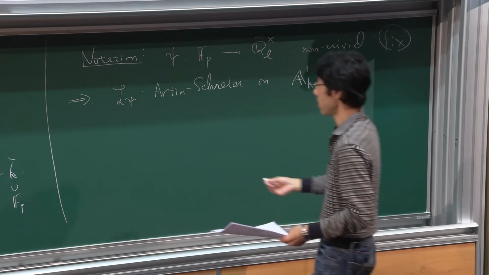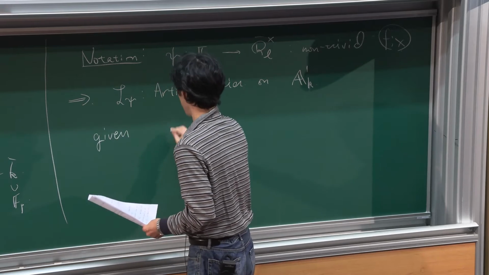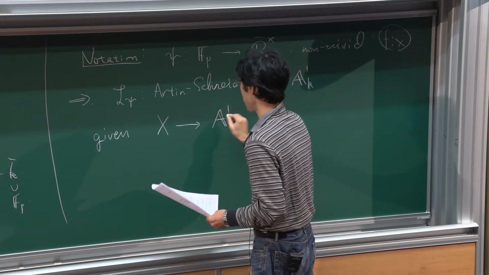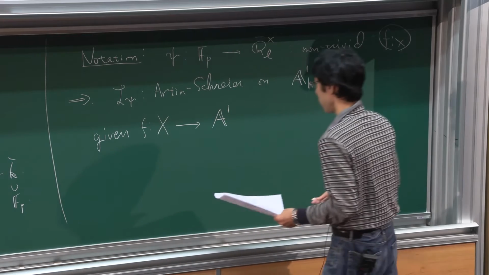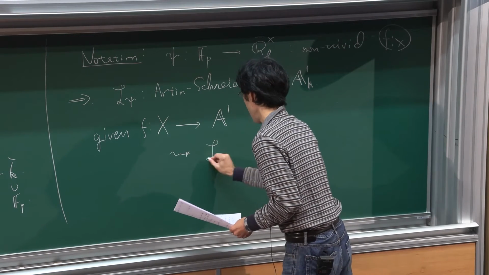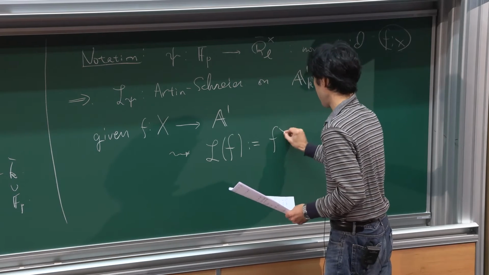Okay. So if I were given some morphism from a variety to A1, let's call it f, then I denote by L_f, I love f, which is simply the pullback.